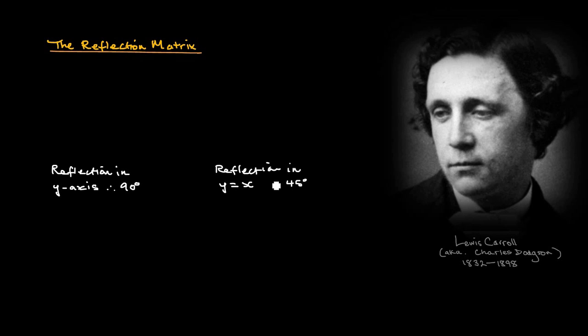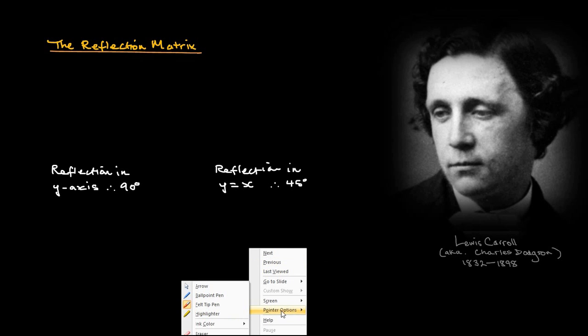Okay, so what we're going to do is try and combine all three of those formulas: reflection in the x-axis, reflection in the y-axis, reflection in y equals x, and in fact any angle, by referring to trigonometry.